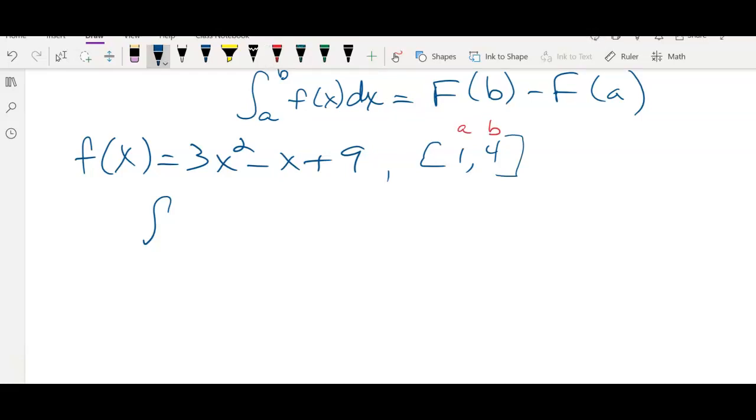So when we're doing the integral, according to that definition, we're going to go from 1 to 4 of 3x squared minus x plus 9, and you just put dx in here. You do that because you just don't know what x is. If you think back to the chain rule, you just put the dx on the end. That's something you'll get into more later.